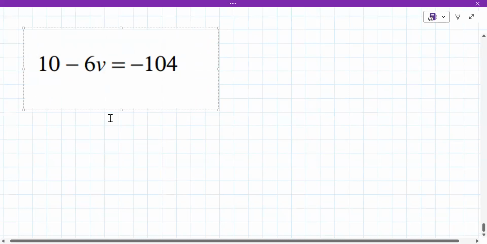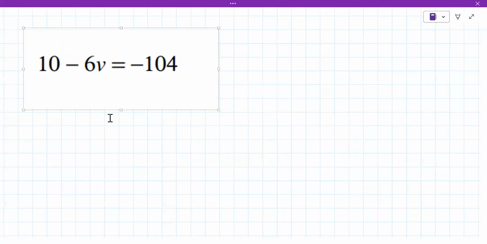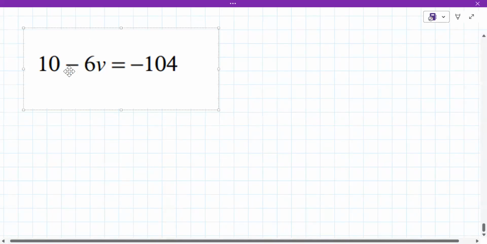Here's a new one for you to try, please. Is that -6? Are you asking, is the answer -6 or is this -6? Is that a -6? Yes, it goes with it.